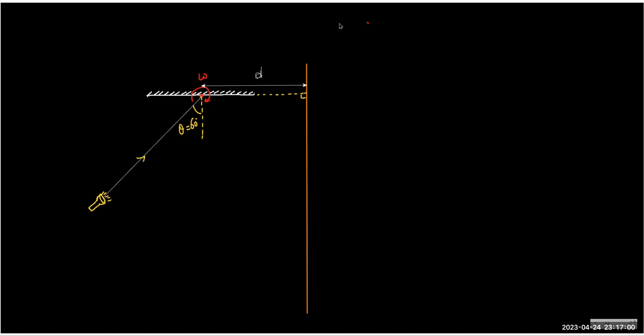The reflected light will go somewhere here, right? Because the mirror is rotating, this light ray will keep on sliding on the wall like a spot. So this spot will try to go down or up at this instant.